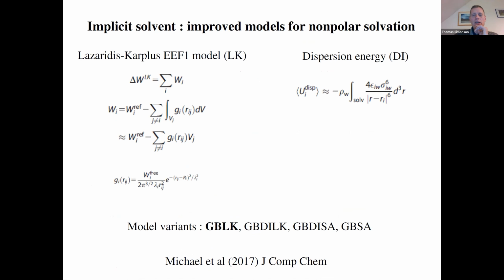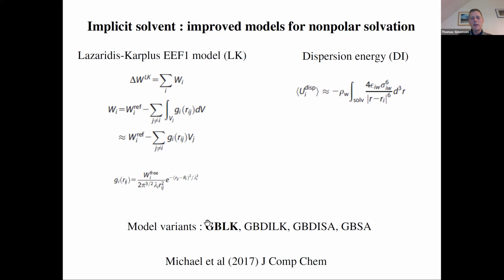We have a nonpolar solvation model. I won't say much about it. We use the Lazaridis-Karplus, well-established component. Just three points. First of all, we also have a dispersion term, which we don't use much.